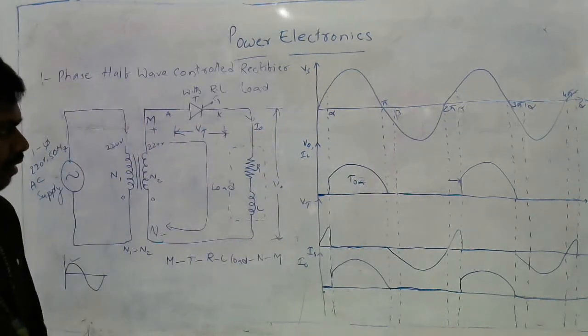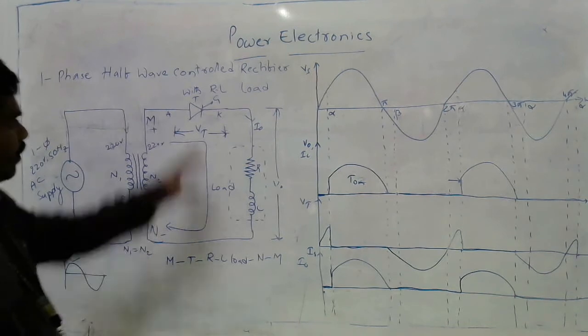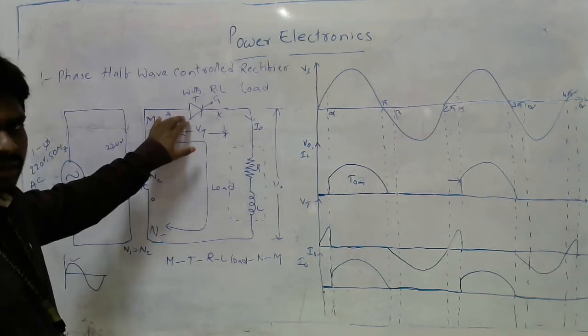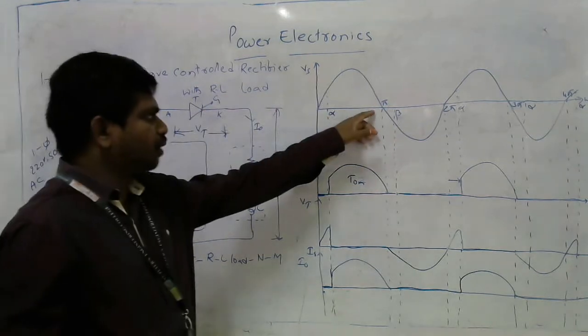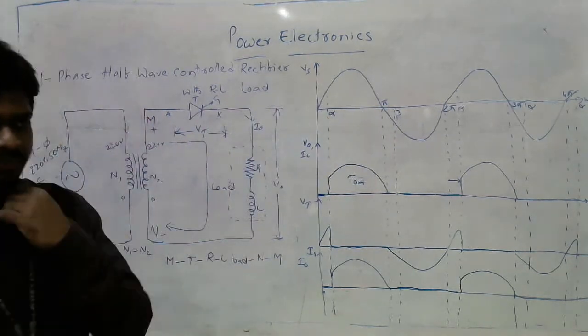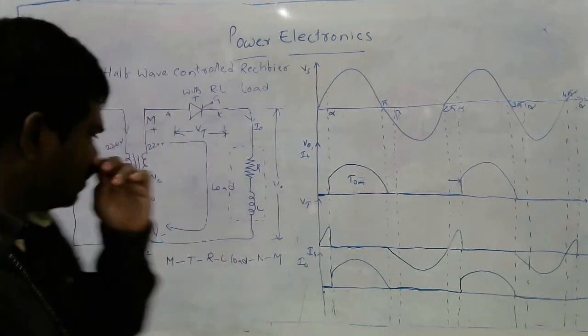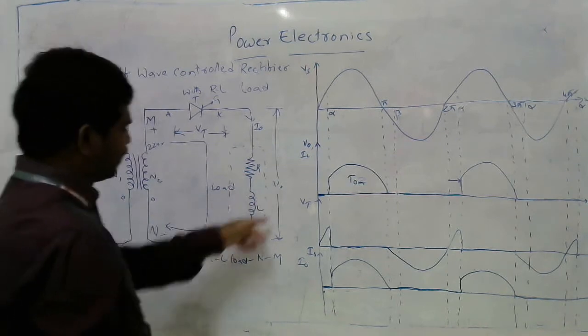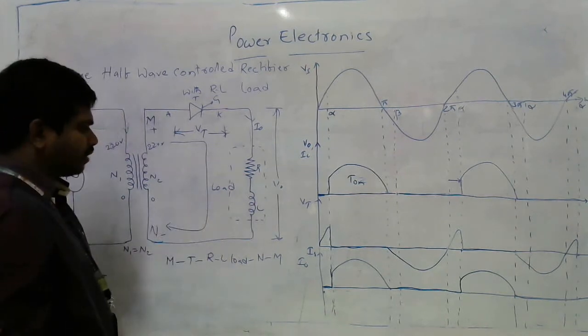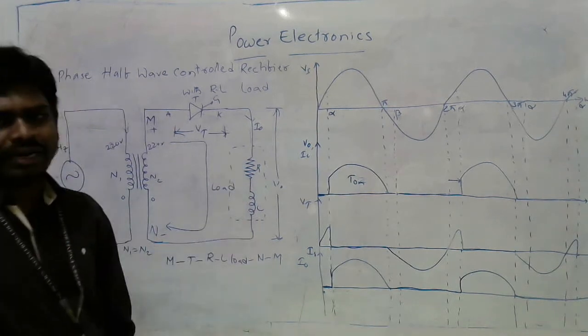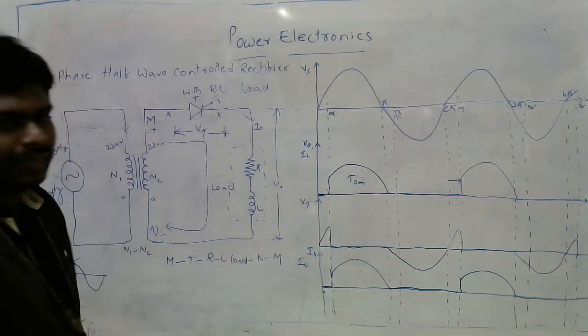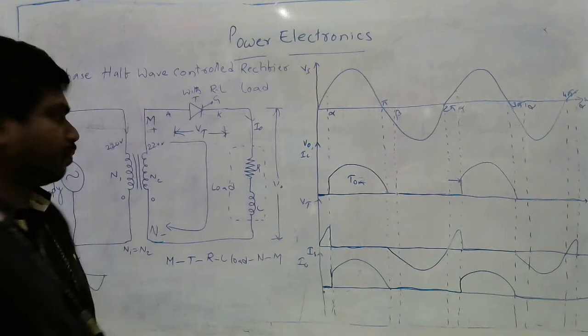Our thyristor would immediately come back to forward blocking state once the positive half cycle reaches 0. But because of the inductor on the output side, it delivers its stored energy during the negative half cycle of the input supply.